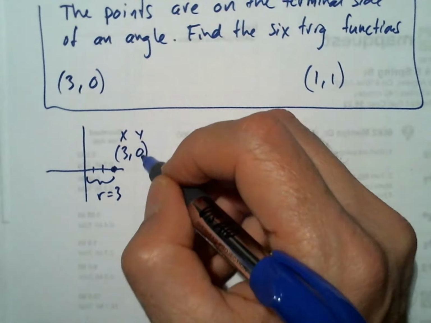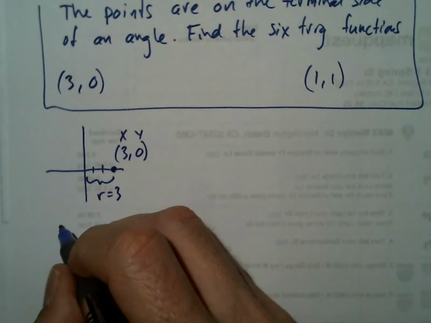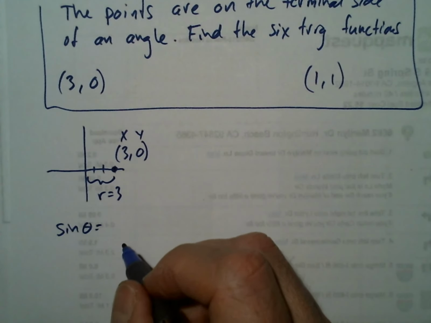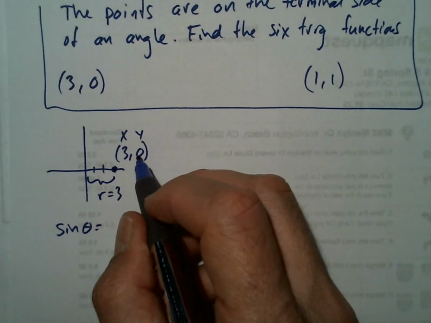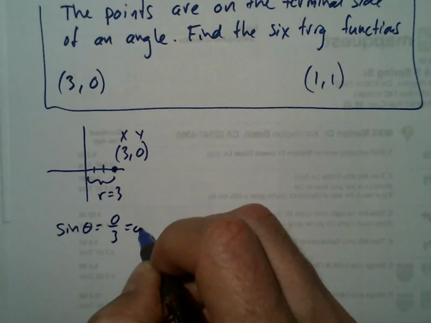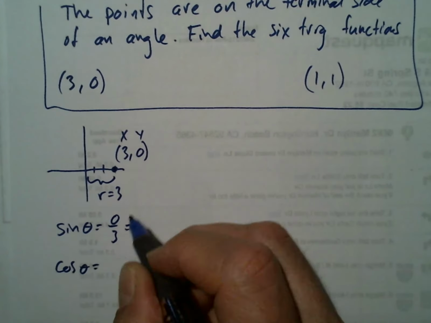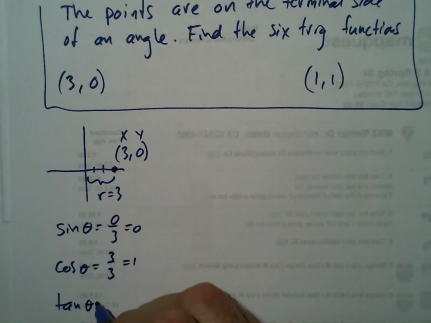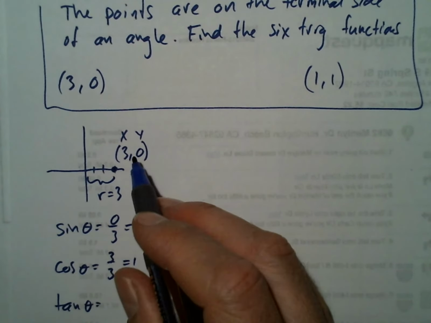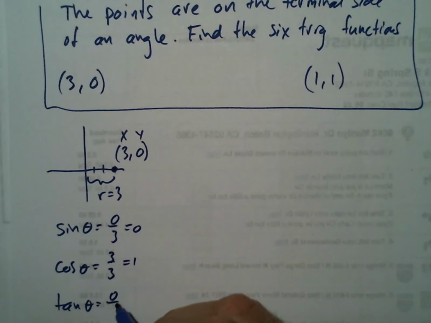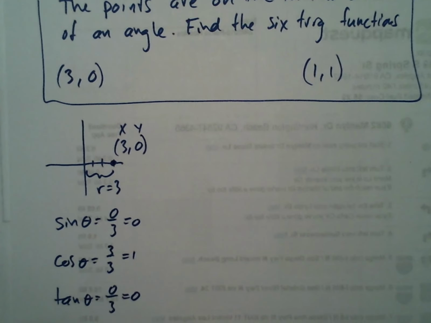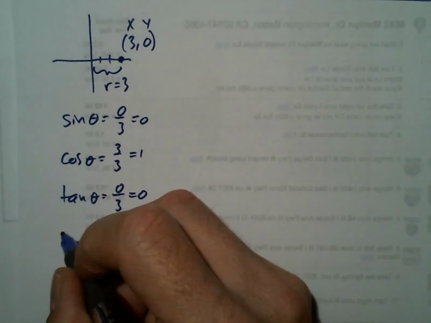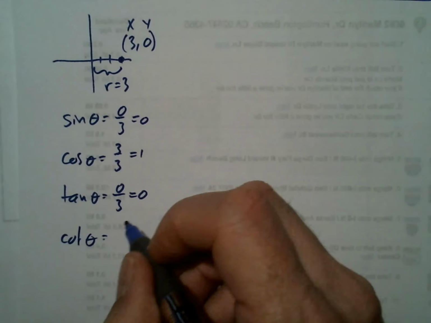Now we have x, y, and r, so we can just substitute that in. Sine is y over r, cosine is x over r, tangent is y over x, and then we can just do the reciprocals.